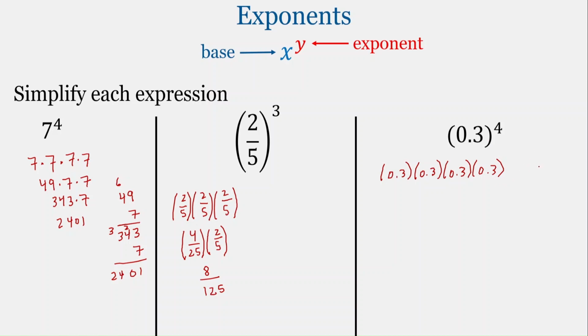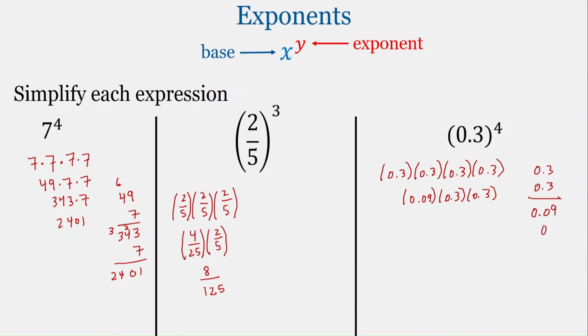And again, we'll continue to multiply in pairs. So let's go 0.3 times 0.3. Well, 3 times 3 is 9. We have 2 decimal places, so that's 0.09. So 0.09 times 0.3 and 0.3.